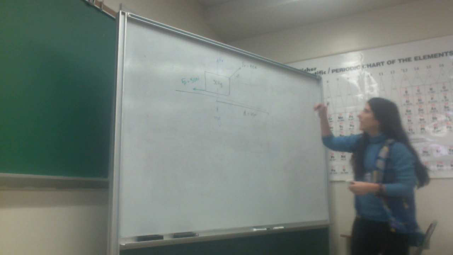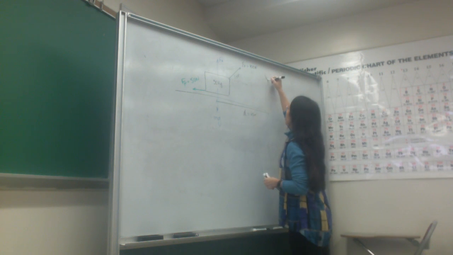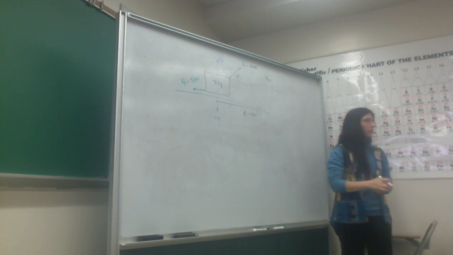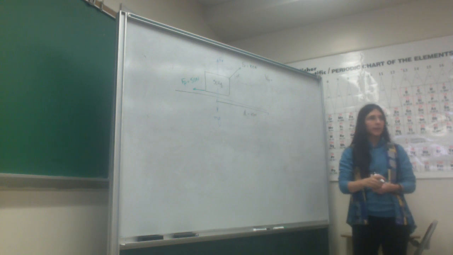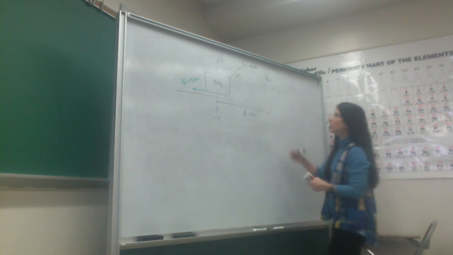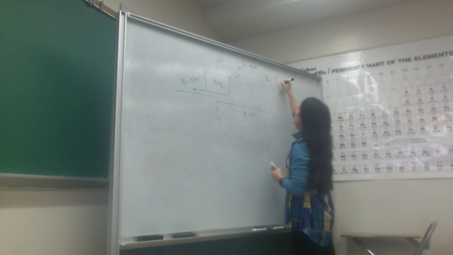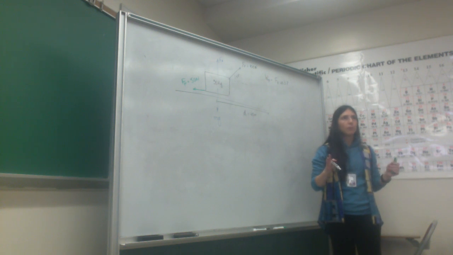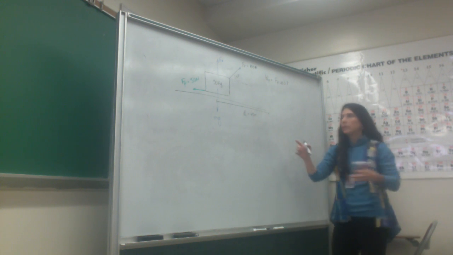So let me start with the work done by the one that we already talked about. The work from the P, from the force of pulling. How would I compute it? You need to find the parallel one. Very good. So it would be FP cosine of 37. What else? Times D, the displacement.